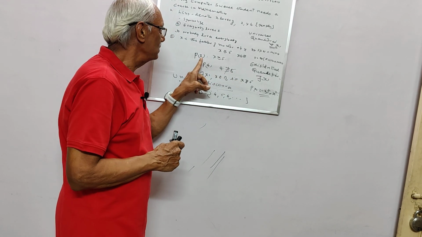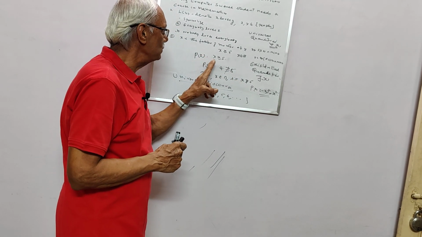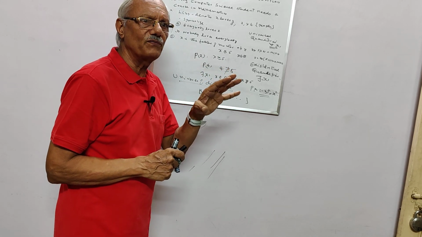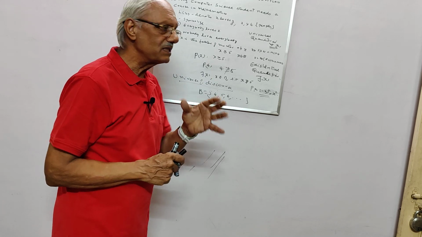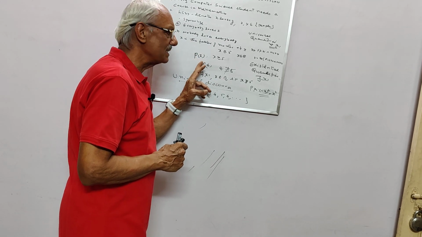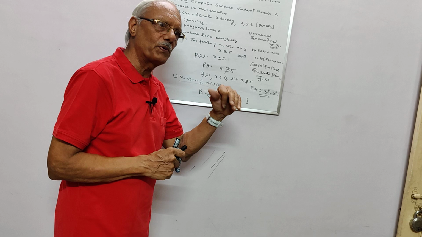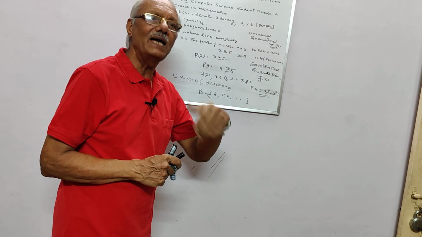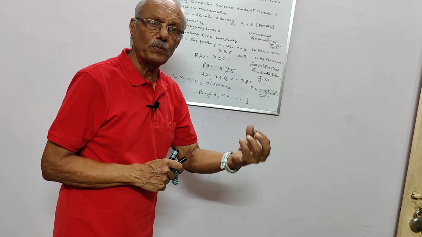Can you understand? Here x is a variable. Unless you are given a meaning, this x greater than or equal to 5 has no meaning at all. I must say that p of x means x is a variable with a certain property. Then it becomes a propositional function. Only when values are assigned does it become a proposition.